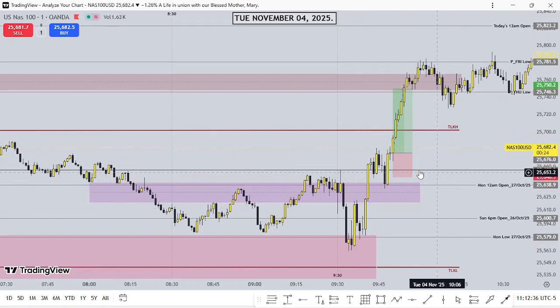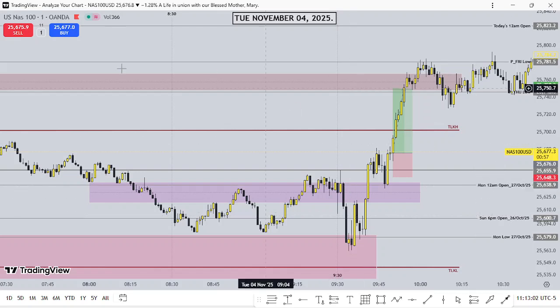Having said that, can you see the way I really like to concentrate on the open, close, high and low of price? It tells me a lot. I'm able to understand how candlesticks are reacting at those highs and lows and make better decisions. So you want to know your draw on liquidity, you want to have a dealing range, you want to be buying at a discount or selling at a premium, and have an area where you know price is definitely going to reach.